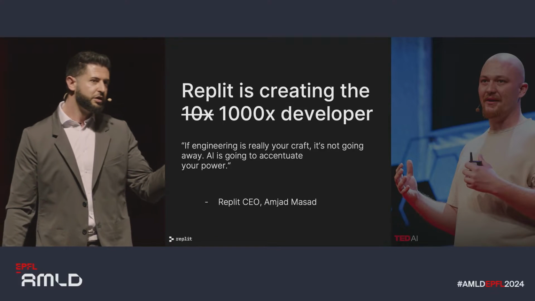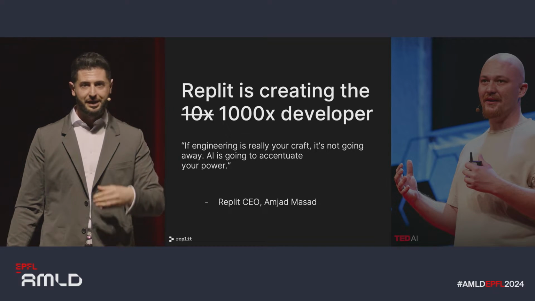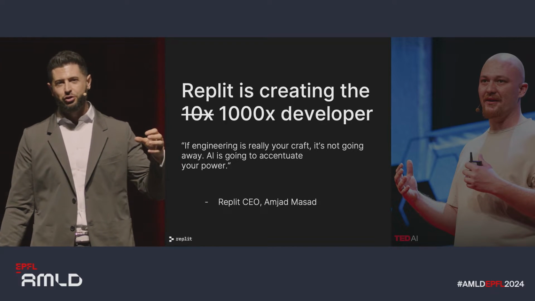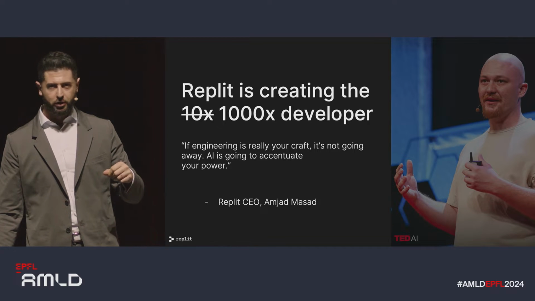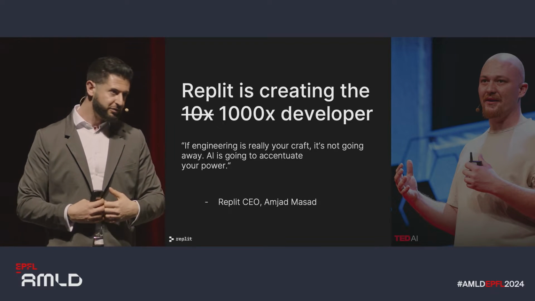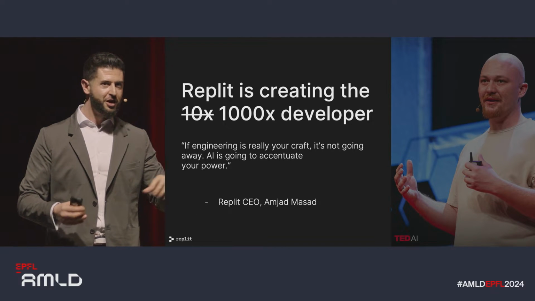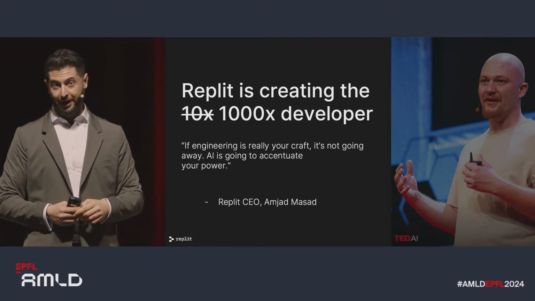So for that reason, one of our missions at Replit has now become to create what we call the 1000x developer. I'm sure you've heard of this concept of the 10x developer, a person who joins a company or a project and all of a sudden they make it 10x better just because they were able to tackle a very hard challenge or because they have amazing insights that no one else has.